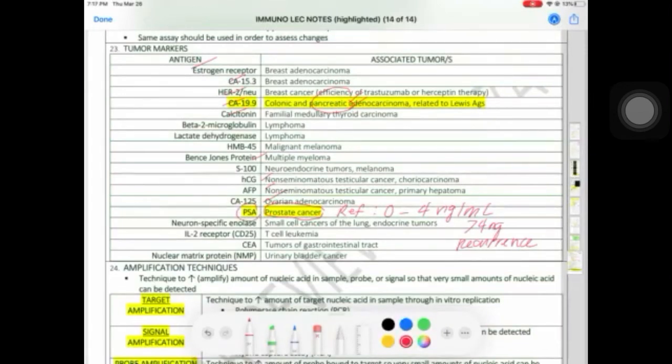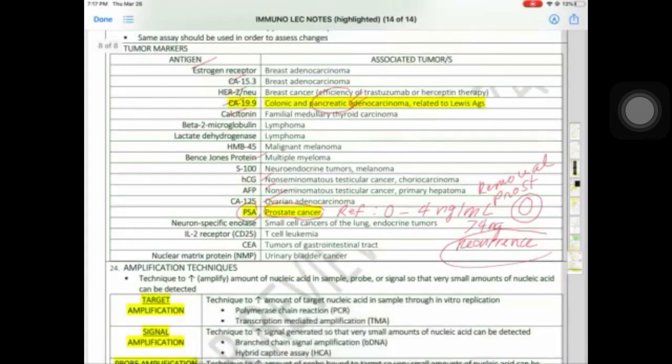Ang reference range po is 0 to 4 nanograms per ml. Yung 4 nanograms, ito po yung ginagamit na cut-off value. So, after removal of the prostate, dapat ang value nito is 0. What if mataas pa rin? So, that is an indication of a possible recurrence.